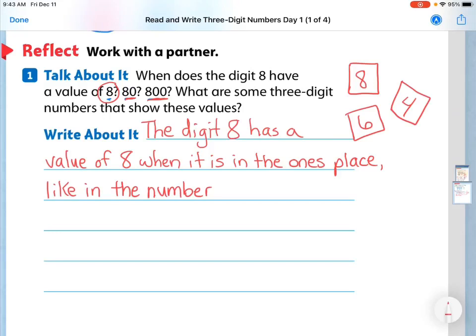So I'm just going to say 648. Okay, I'm going to put my little dot under that 8, showing that that's what I'm talking about.